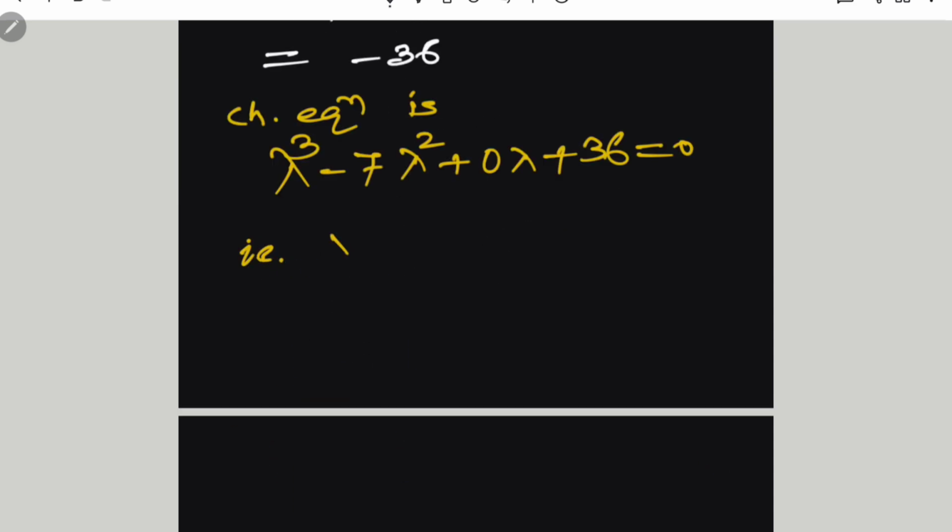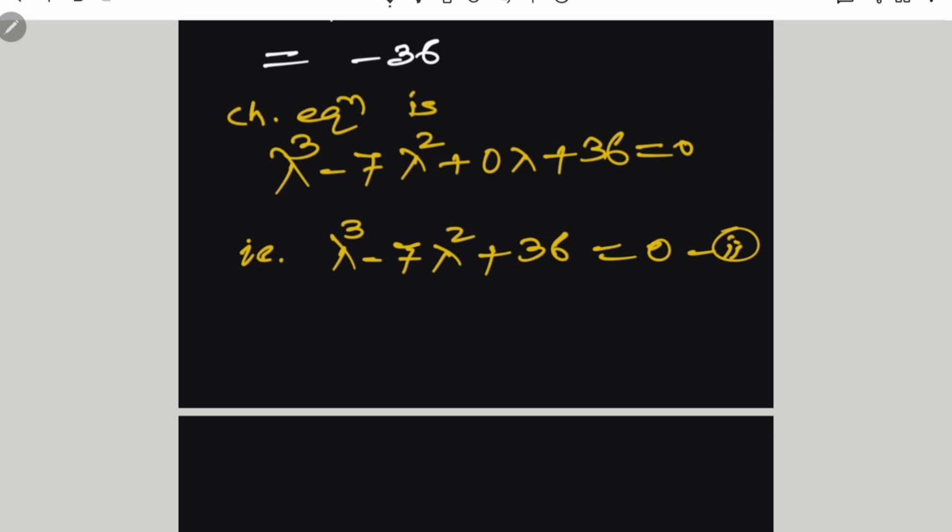That is, we have lambda cube minus 7 lambda square plus 36 is equal to 0, equation number 2. Here the first step is completed.